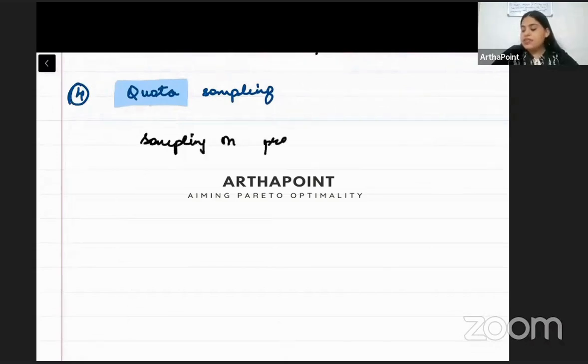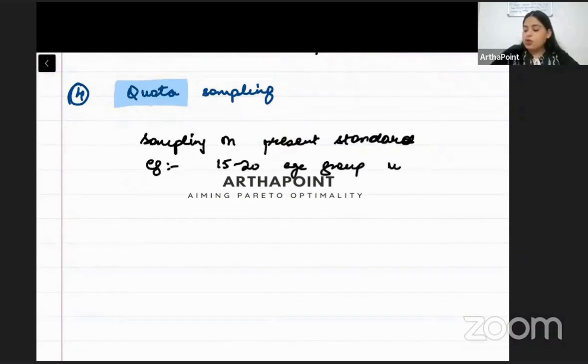So when you do sampling on a preset standard, that means you do sampling only on what you have in mind. Like for example, the 15 to 20 age group of people who smoke. I have a particular subgroup in mind, right? Then that becomes quota sampling.